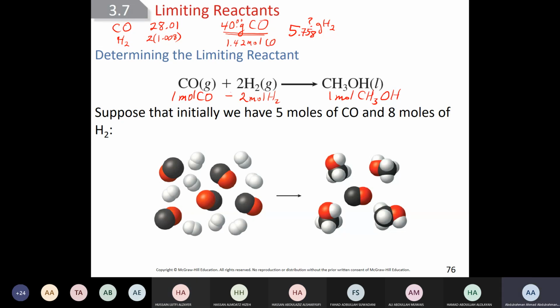Okay. If I have 1.42 mole CO, how many moles H2 do I need to react with it? Multiply by 2. Exactly. What's the answer? 2.84 mole H2.